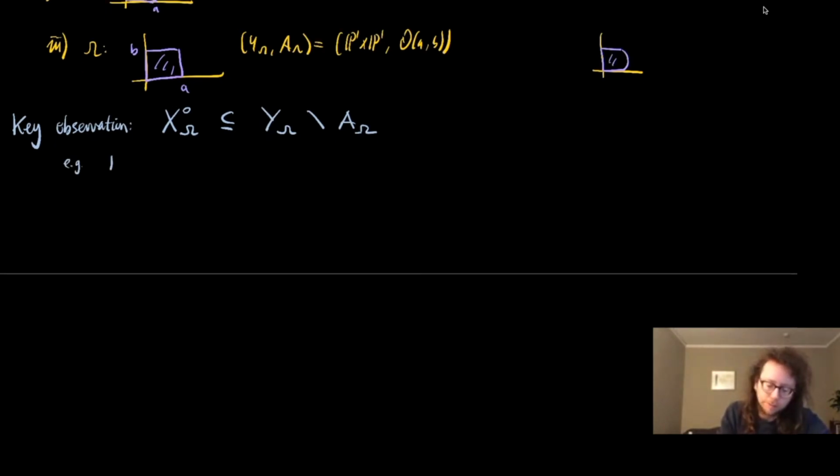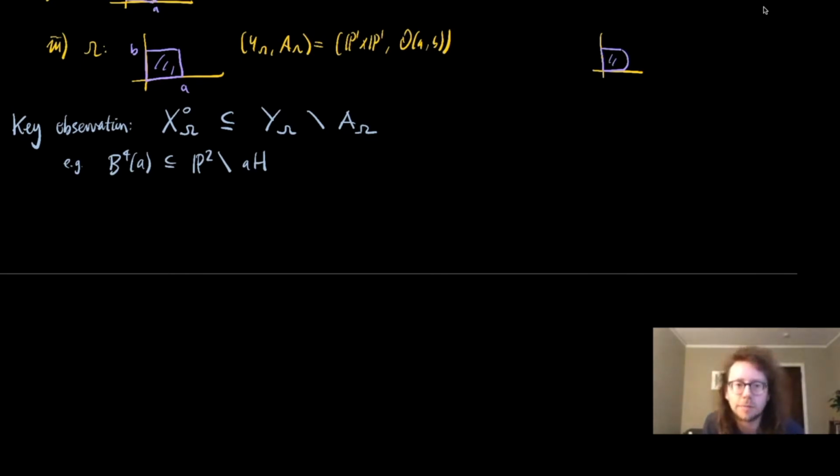So for example, the 4-ball of radius A is classically known to lie inside P2 minus a hyperplane. I've written AH here to imply that this is P2 with area A, volume A. The H is really the important thing here.